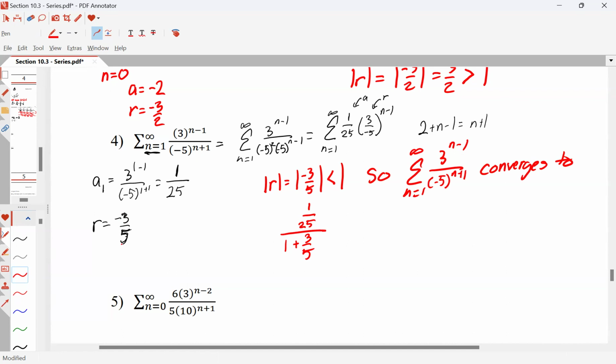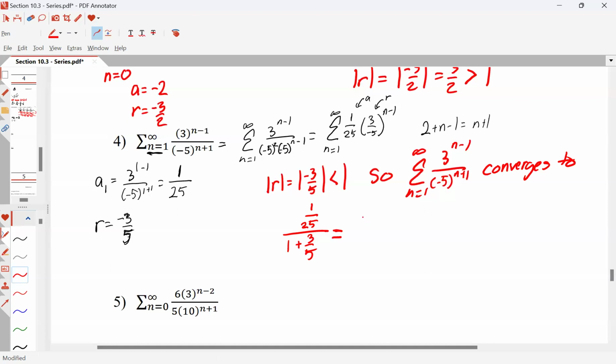The formula is 1 minus R. R is negative, so it's 1 plus 3/5. 1 plus 3/5 is 8/5, so we have 1/25 over 8/5, which works out to be 1/40. So it converges to 1/40 by the geometric series test.